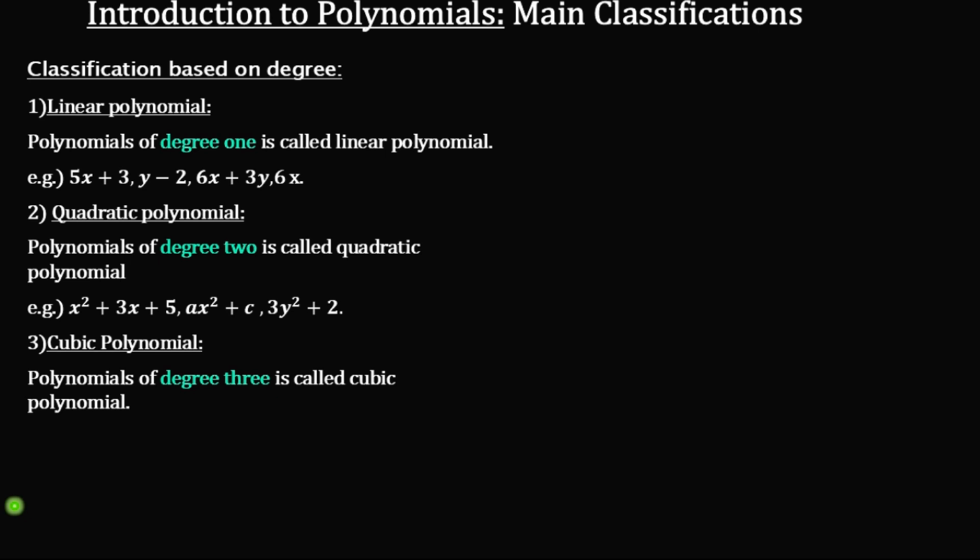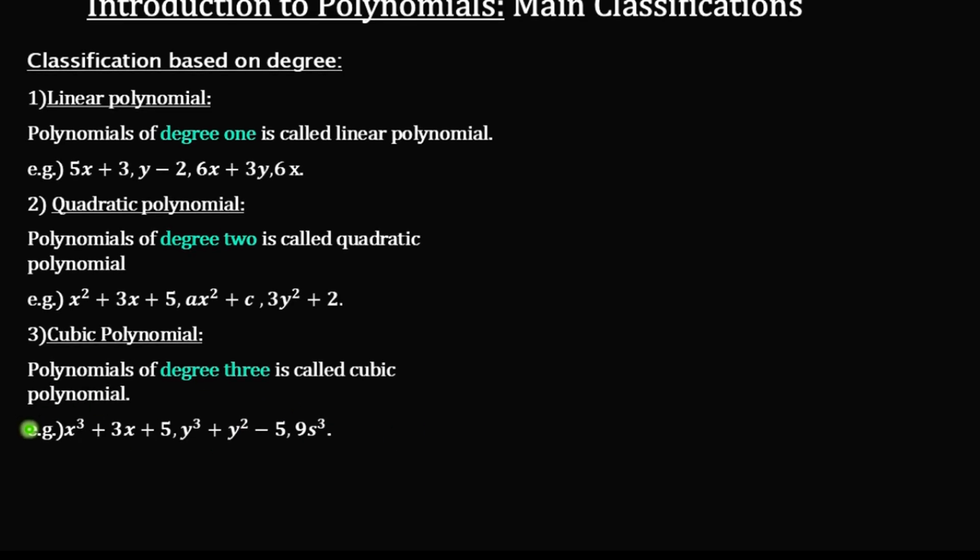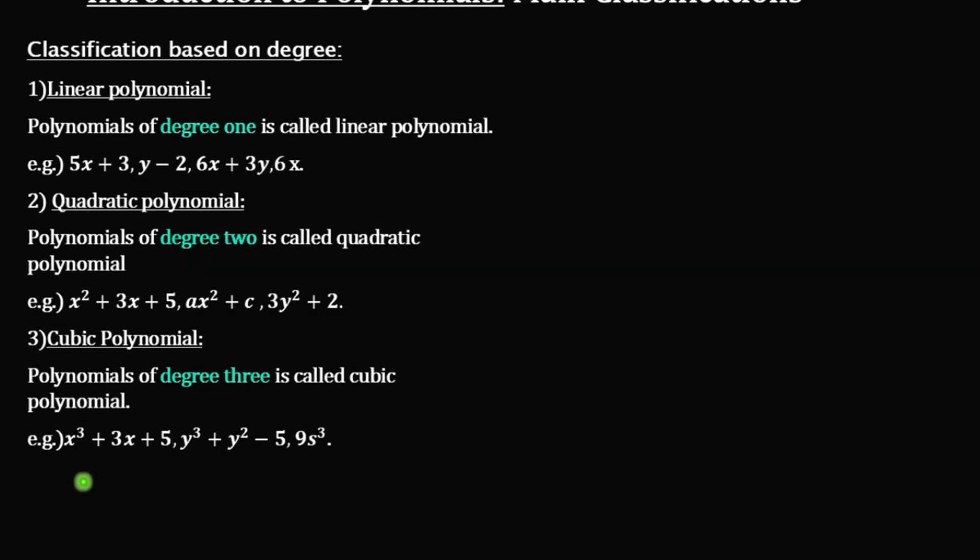For example, x cube plus 3x plus 5, y cube plus y square minus 5, 9s cube. These are all polynomials of degree 3, that is, the highest power of x is 3. Here it is a polynomial in the variable s.